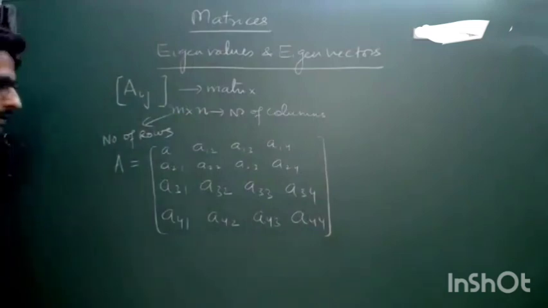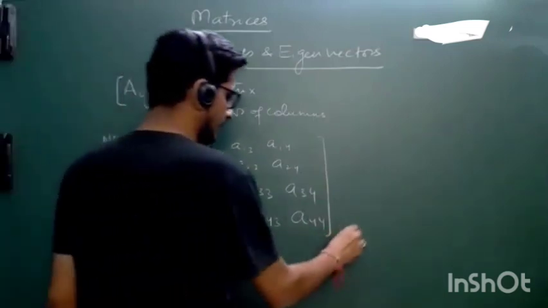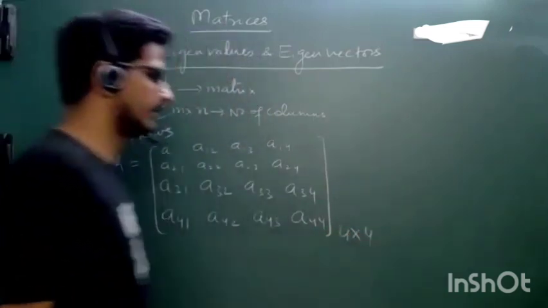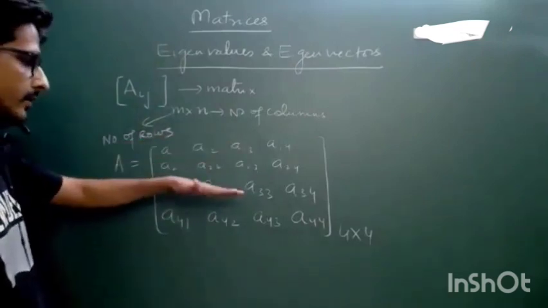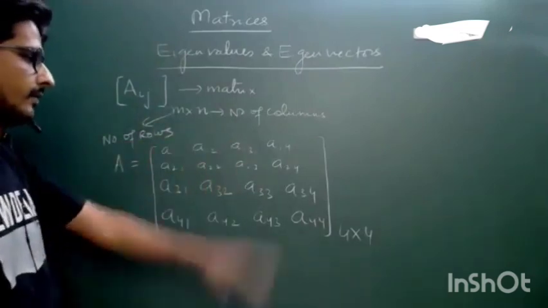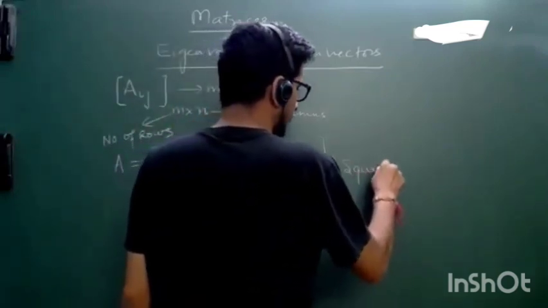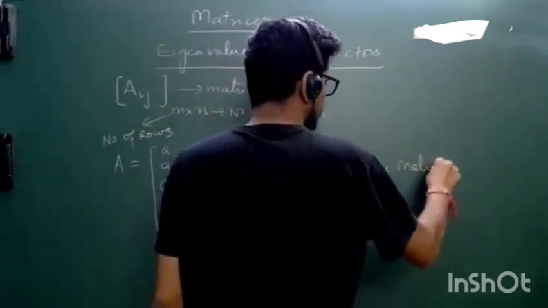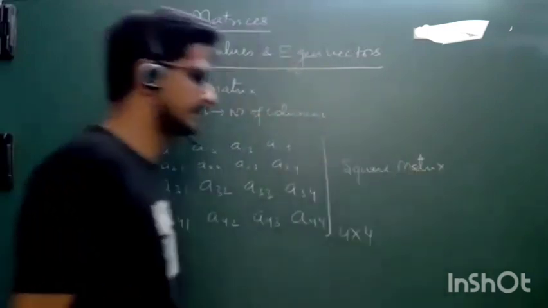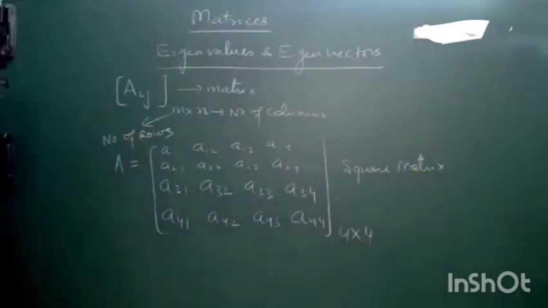Correct? So this matrix is a 4 cross 4 matrix, because you can see there are 4 number of rows and 4 number of columns. So such a matrix is known as square matrix.